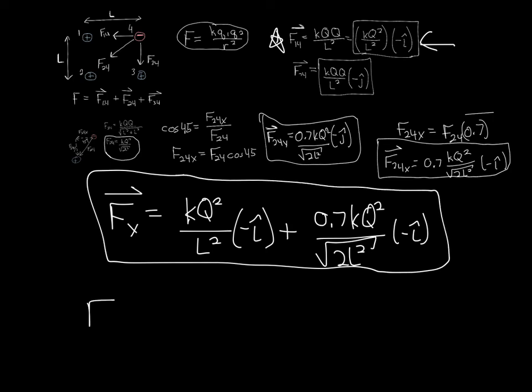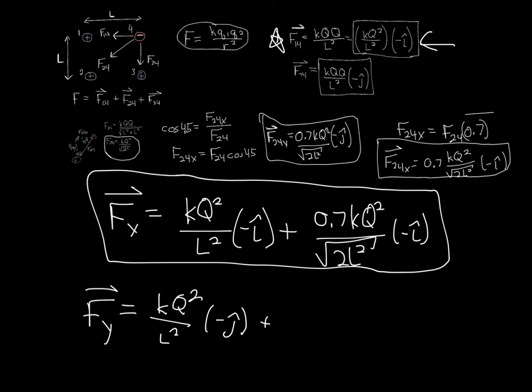Now I can do the same thing to figure out what's going on in the y direction. In the y direction, I have my F of 3 on 4, which is from the very first part of the problem. So we have our k times q squared over L squared acting in the negative j hat direction.